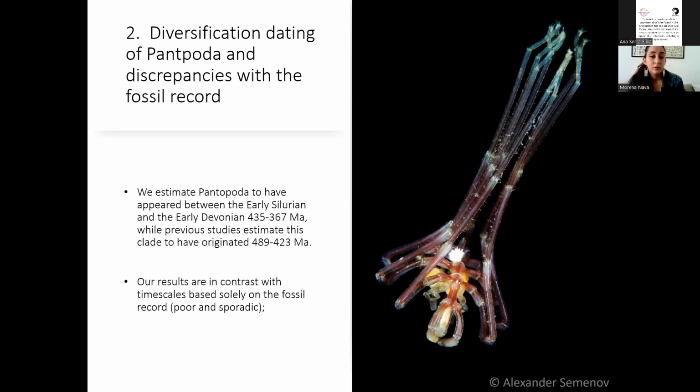And also our study is in contrast with timescales that are based just on fossil records. Also the previous molecular study, but this is probably related to the sporadic fossil record that we have, to the poor conservation of most of the fossils, and to this big gap of years in which we don't know what pycnogonids were doing on Earth.